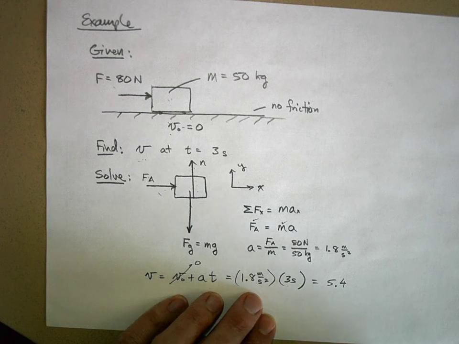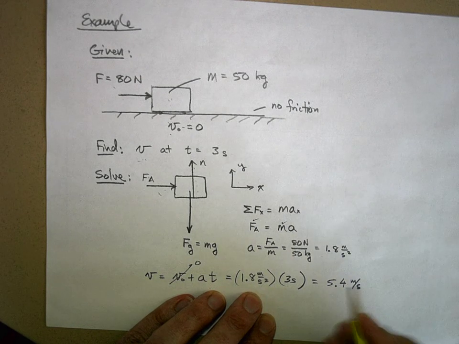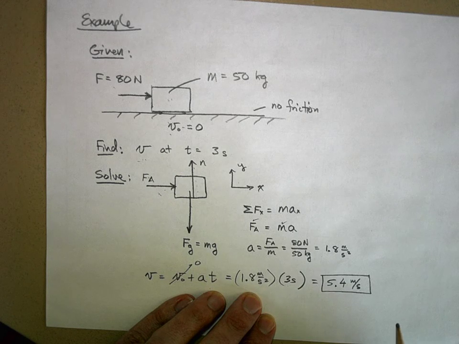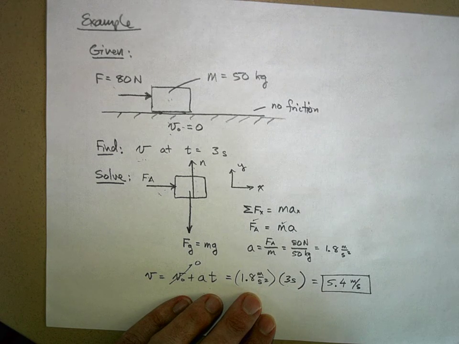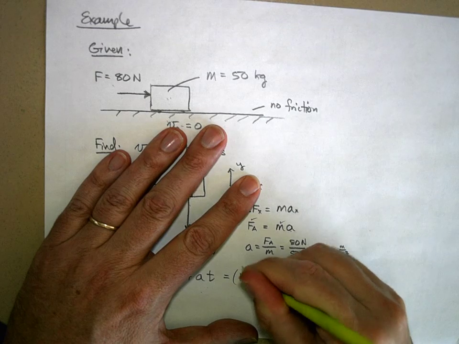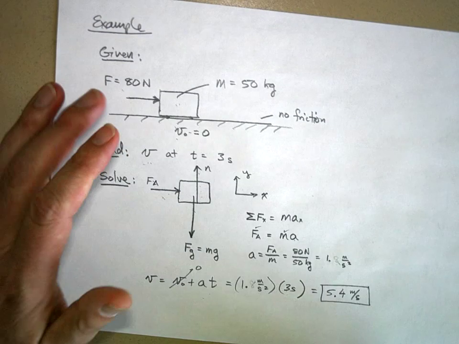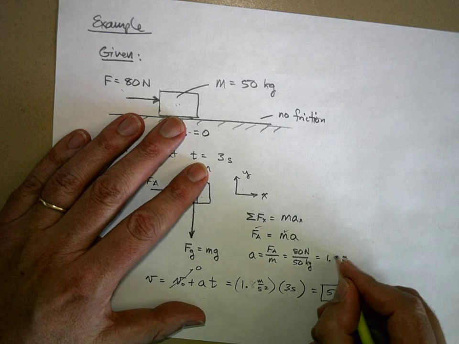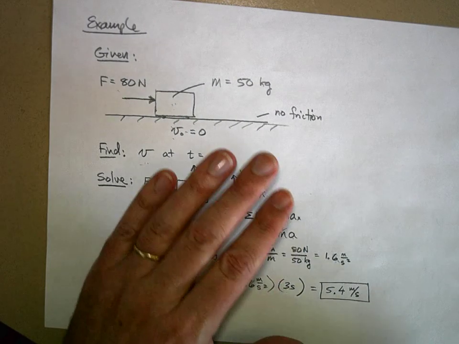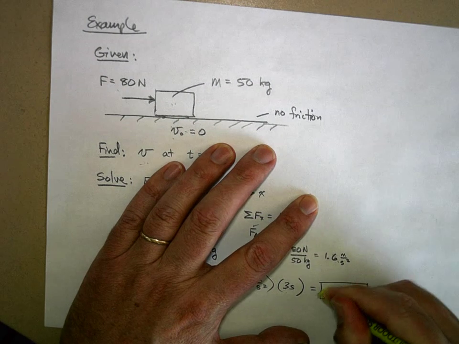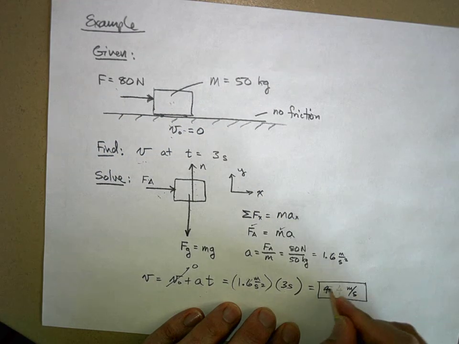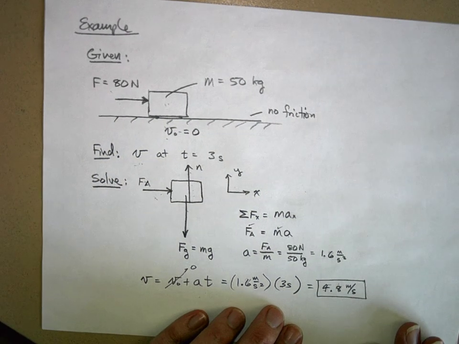Meters per second. What is it? It's 1.6 meters. Oh, 1.6. I was just testing you. Yeah, 3/5 is 0.6, not 0.8. So, oops. And so what do we get here? This is 4.8. Thank you for correcting my mistake.